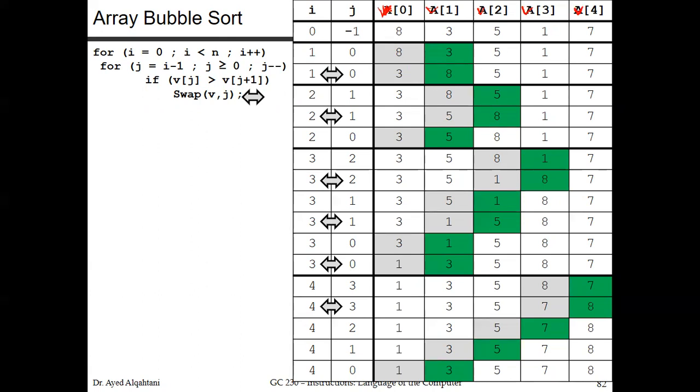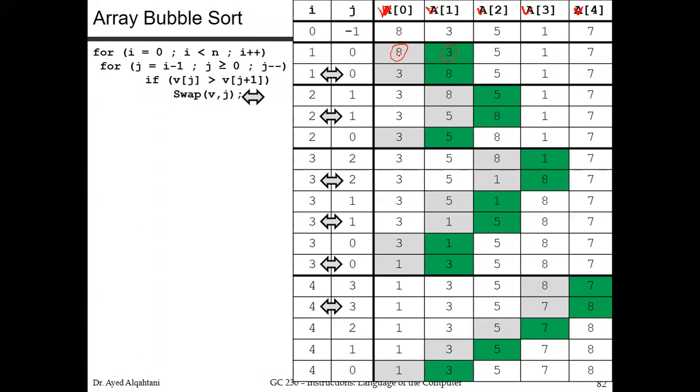So these are v's. What happens here, you compare the v of j, and j we know is 0. So v of 0, which is 8, you compare it with v of 0 plus 1, which is v of 1. You compare it with the 3.